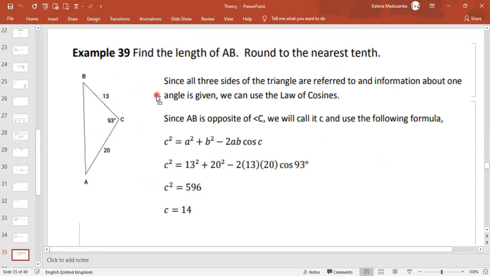And this is a practical example. Here we need to find out the length of AB. This length we need to find out.